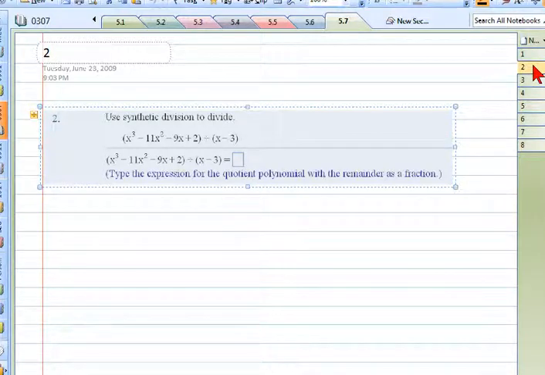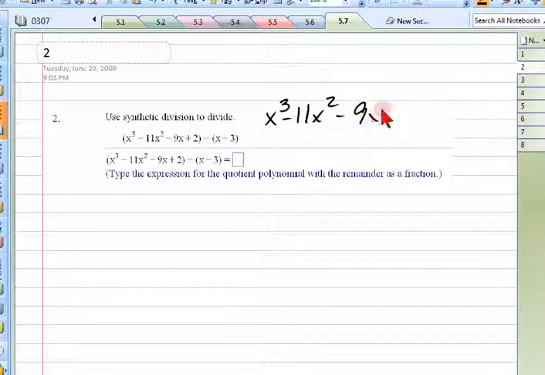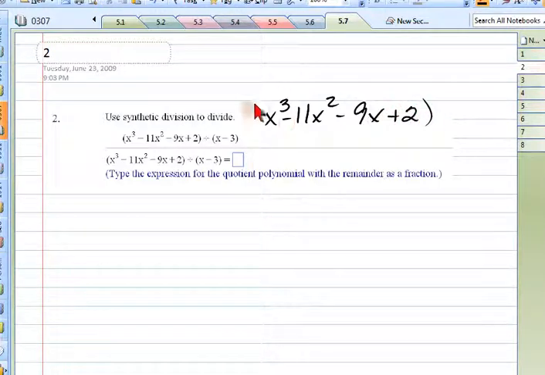Okay. This problem, so that you can read it easily, is x to the third minus 11x squared minus 9x plus 2 divided by x minus 3.